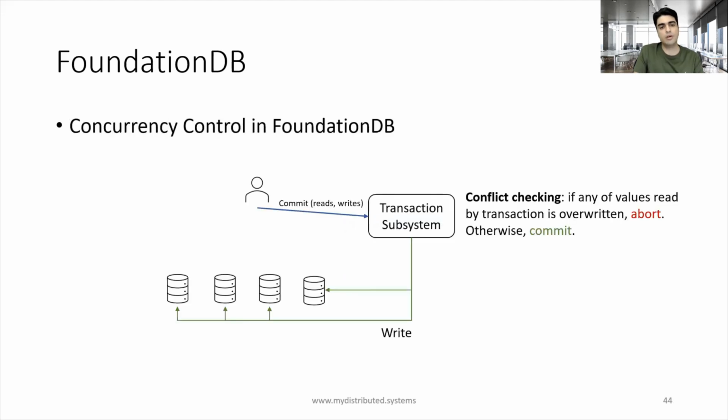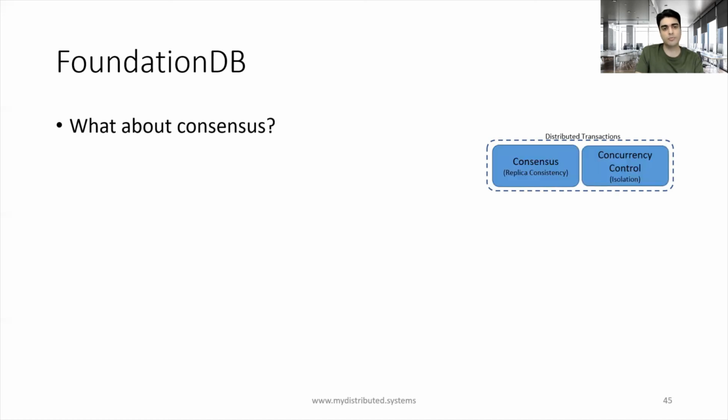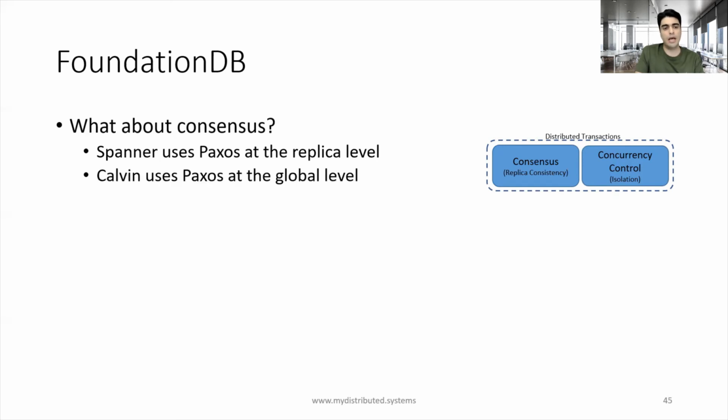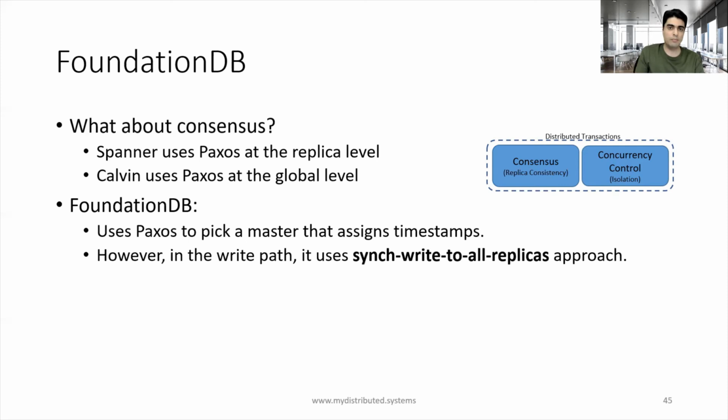Okay, so that was the concurrency control. And what about the consensus? Remember, we said any system that provides distributed transactions internally has to solve these two problems and use some form of consensus and concurrency control. We said Spanner uses Paxos at the replica level, Calvin uses Paxos at the global level. FoundationDB also uses Paxos to pick the master that assigns timestamps. But in the main part, which is the write path, it doesn't use Paxos or Raft or this kind of consensus algorithm.